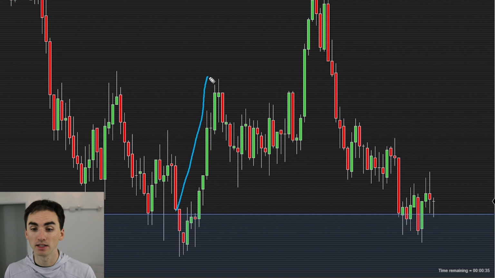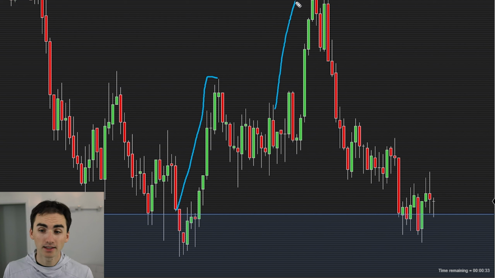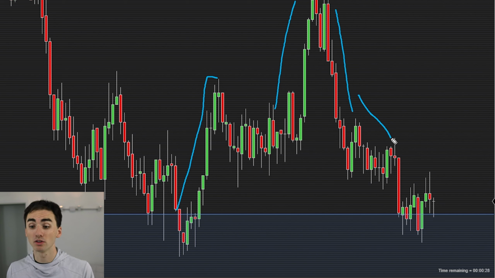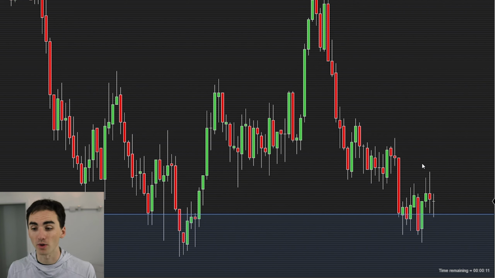This could just be initial buyers coming in, starting to buy this level, and then some sellers wanting to keep pushing this lower, thinking that the overall trend is going to keep going lower. But in reality, they're missing that the overall trend is actually reversing here, and that it's better that they stay out of the shorts and betting that the market's going to go lower, and actually look for the market to go higher.